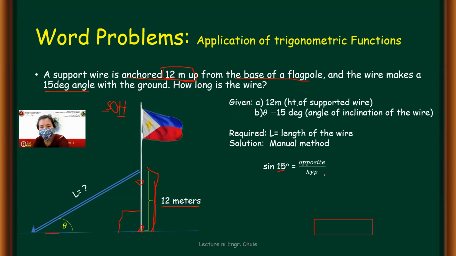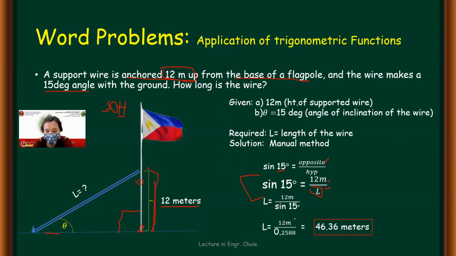We just simply substitute the values: yung opposite natin na 12 meters, over L. So we just divide 12 meters by sine of 15. We can now compute the value of L. Simplify this equation, then your L is equivalent to 46.36 meters.